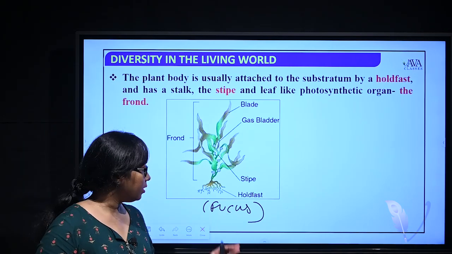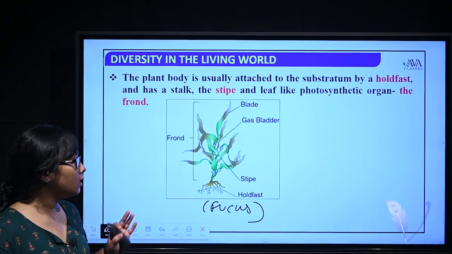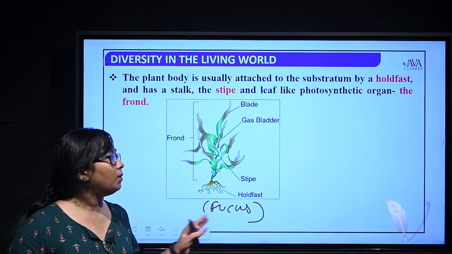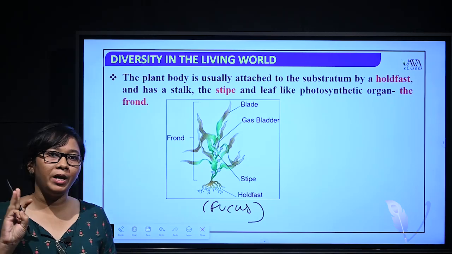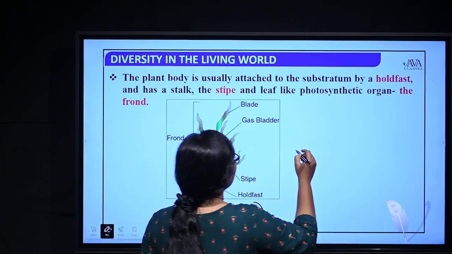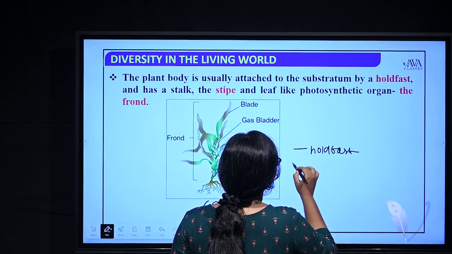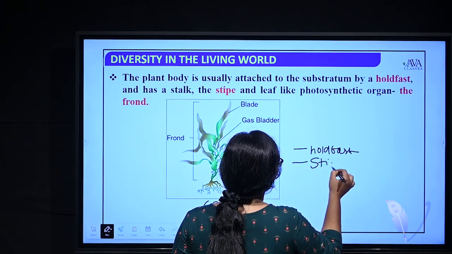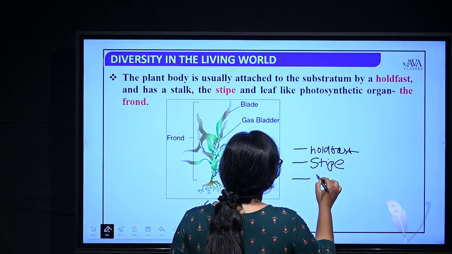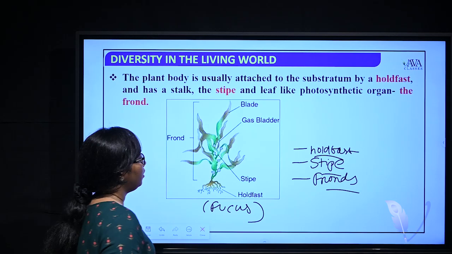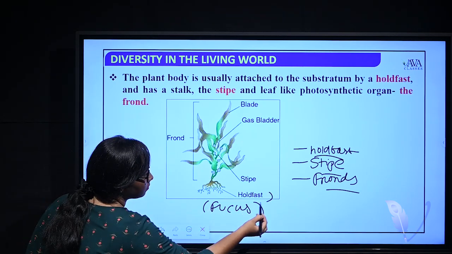In brown algae or in fucus, consider this fucus, the plant body is divided into mainly three compartments. One is the holdfast, second is the stipe, and third is the fronds. Here you can see the holdfast.